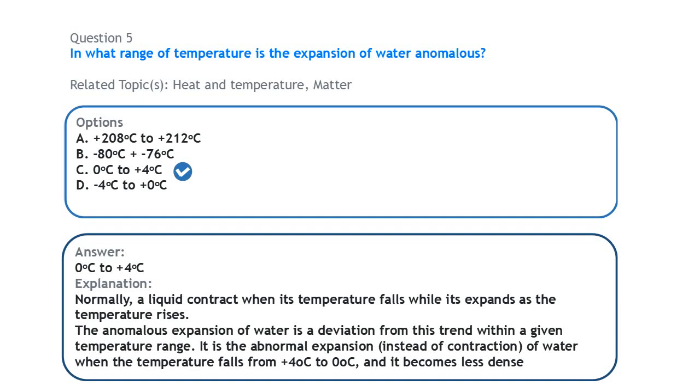It turns into ice. So it expands. That is an anomalous behavior. So the anomalous expansion of water occurs in the range of 0 degrees Celsius to 4 degrees Celsius.